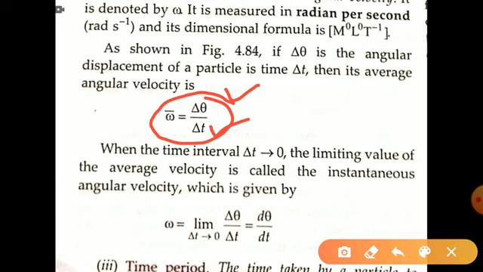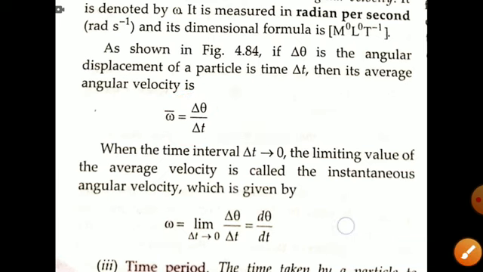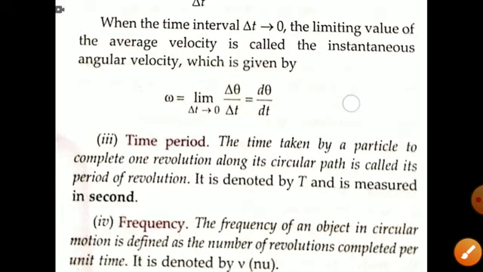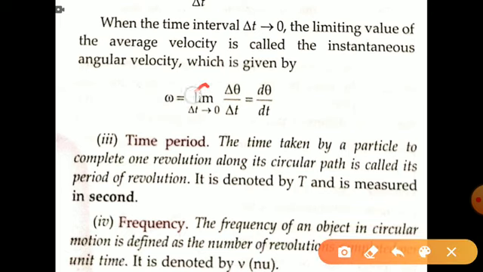This value is showing you the average value. Now you can change the average value to the instantaneous value. What is the difference between average and instantaneous value? The instantaneous value is the value for a very small interval of time. So we will take the limit that delta t tends to 0. Time is taken to be very small. This time is approaching 0, but t is not exactly 0.